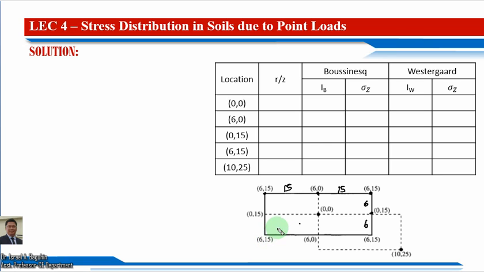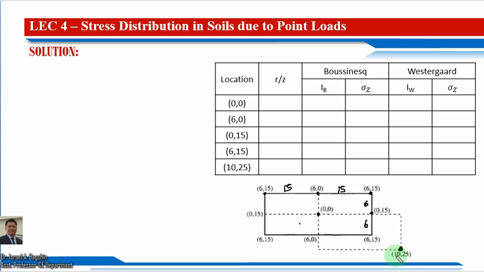Okay, so based on this one, we now have the coordinates of the rectangular raft foundation, but the problem said that there's a certain point that we are going to calculate the vertical stress at, which is outside the boundary of our raft foundation. This has coordinates of 10 meters here, and our y is just equal now to 25 meters.